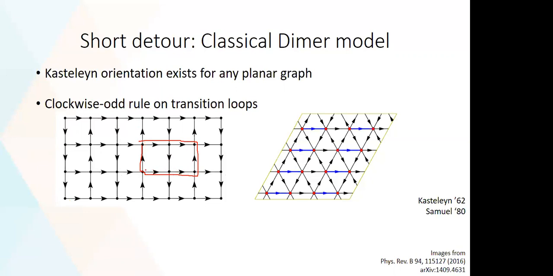So here it's with the clockwise, with the clockwise, with the clockwise. So we have one here, and one here. So overall 3, and this is odd. So this specific loop I drew has this clockwise odd rule.